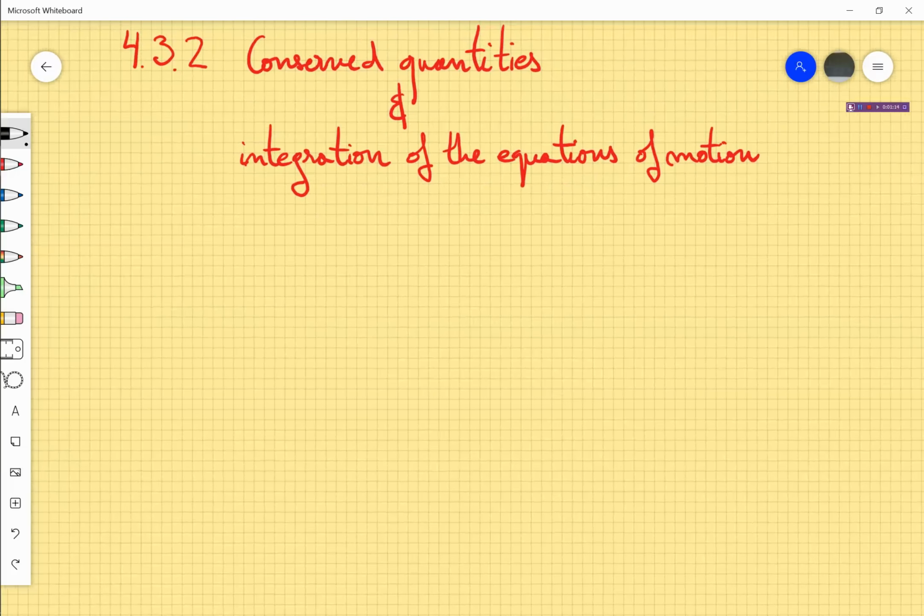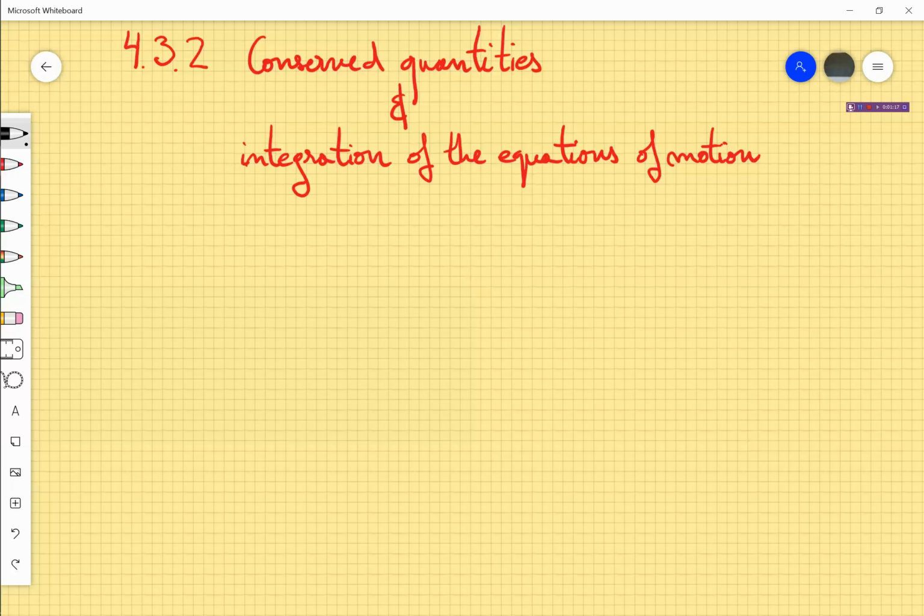Later on, we took a more general perspective, and we said that the association between conserved quantities or constants of motion is not just with cyclic coordinates, but with symmetries of the action. And there is a relation between cyclic coordinates and symmetries, because if there is a cyclic coordinate, we argue that simply the action will be invariant under constant shifts of that cyclic coordinate.